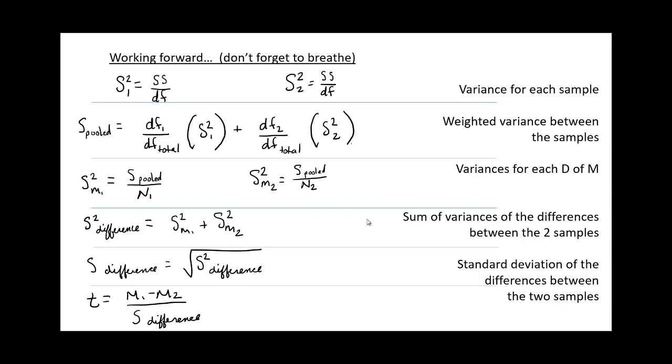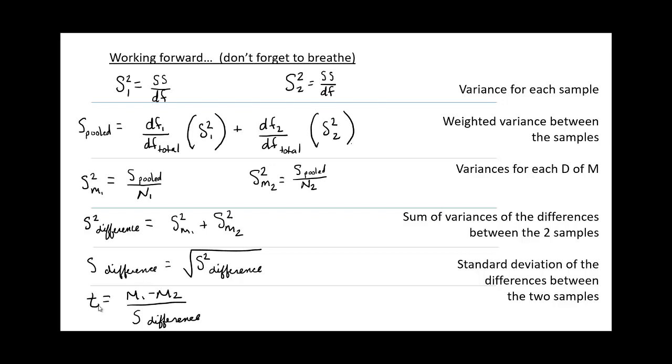Once we add those together and get the sum of the variances of the differences to two samples, then we can calculate the standard deviation of the differences between the two samples. And whenever we have the variance, we can take the square root of it, and that gives us our standard deviation of the differences between the two samples.